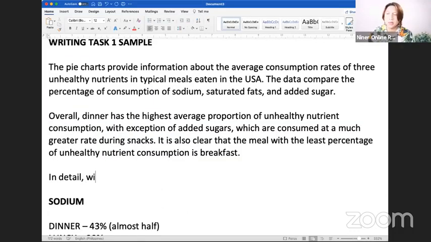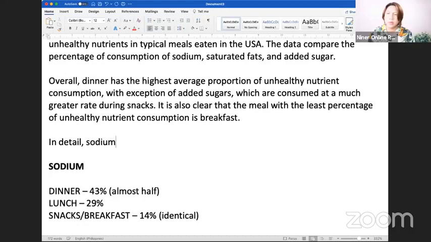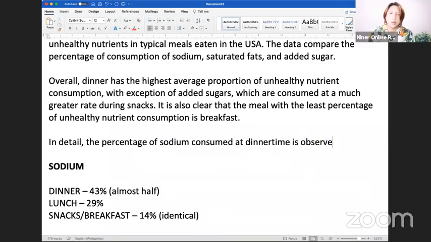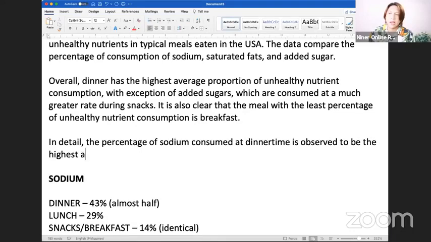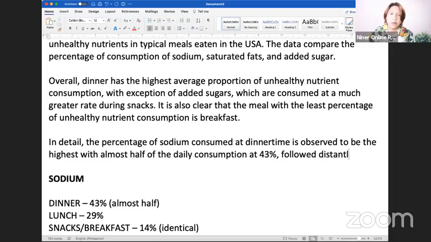The percentage of sodium consumed at dinner time is observed to be the highest, at almost half of the daily consumption at 43%, followed distantly by lunch at 29%.